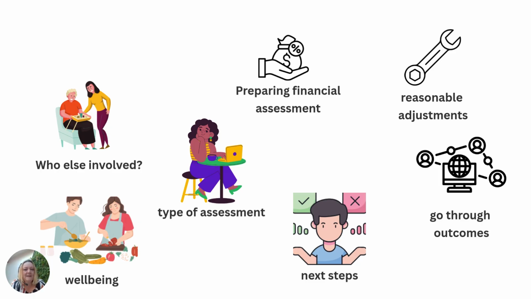Well-being needs to be captured in the assessment process. So even though it's not one of the 10 outcomes, I would absolutely be asking my partner about their well-being. And depending on their capacity, I might use the phrase well-being or I might not. But essentially, well-being is what makes you happy. What gives you joy?